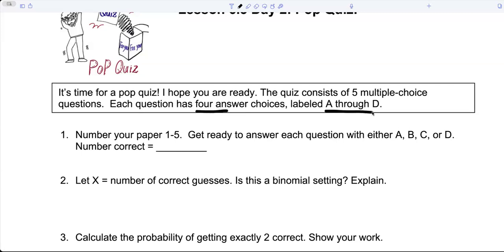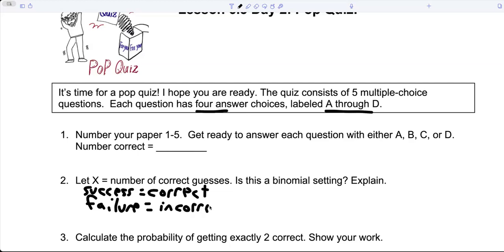Well, let's go through. We have success equals we guess correctly. Failure, we're going to define as we guess incorrectly. Are they independent of each other? I think that's a reasonable assumption.